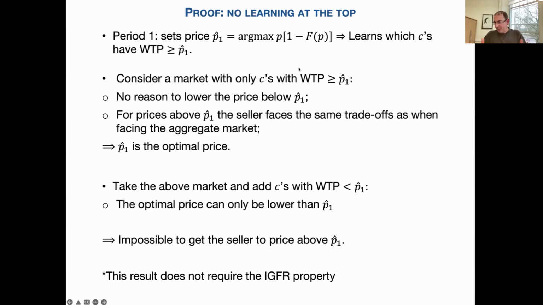But once you fix some discount factor, unless it's 1, is there going to be some bound? And then the result will go through with that. Okay? And so somehow there is this difficulty to learn above P1. I'm going to tell you how to break this result. Okay? But it's quite robust.